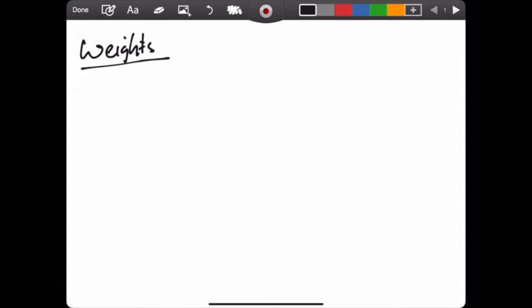What do we have in weights? We have ounces and we have pounds. How many ounces are in a pound? Well, this is pretty easy. There's 16 ounces that make up 1 pound. So if that's the case, an ounce is 1/16 of a pound.